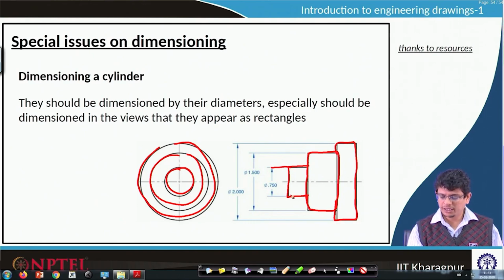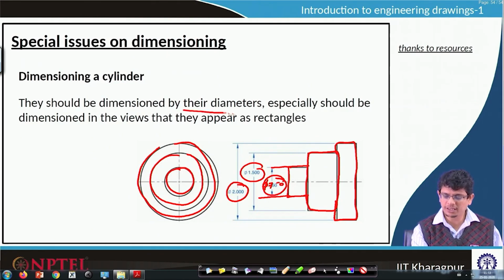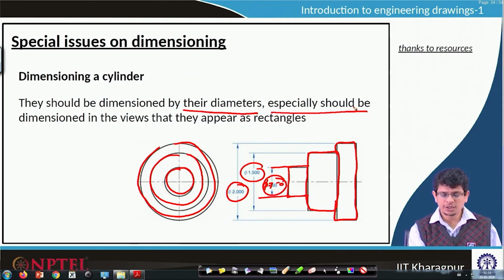Try to look at diameters. If it is a diameter, we use the symbol phi, with the smallest one inside and the largest one outside. That is the way we try to do it. So, they should be dimensioned by their diameters, especially in the views in which they appear as rectangles.